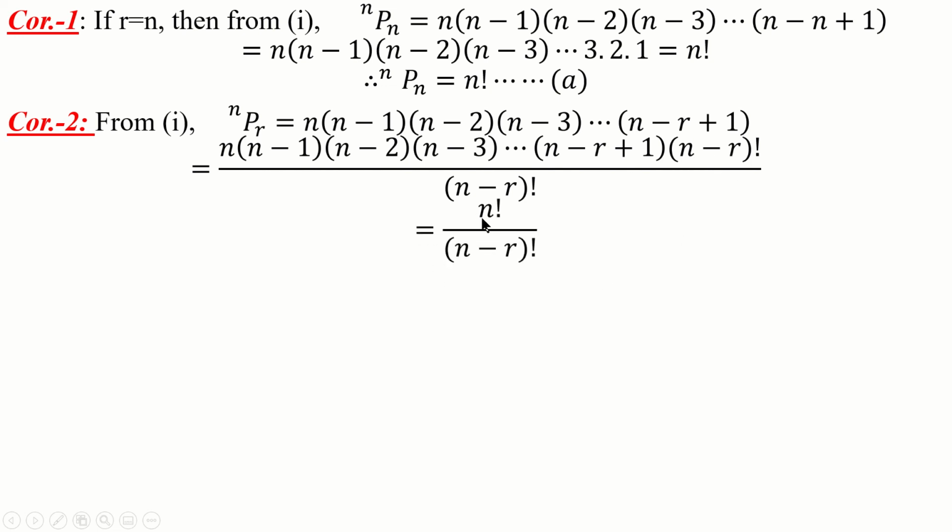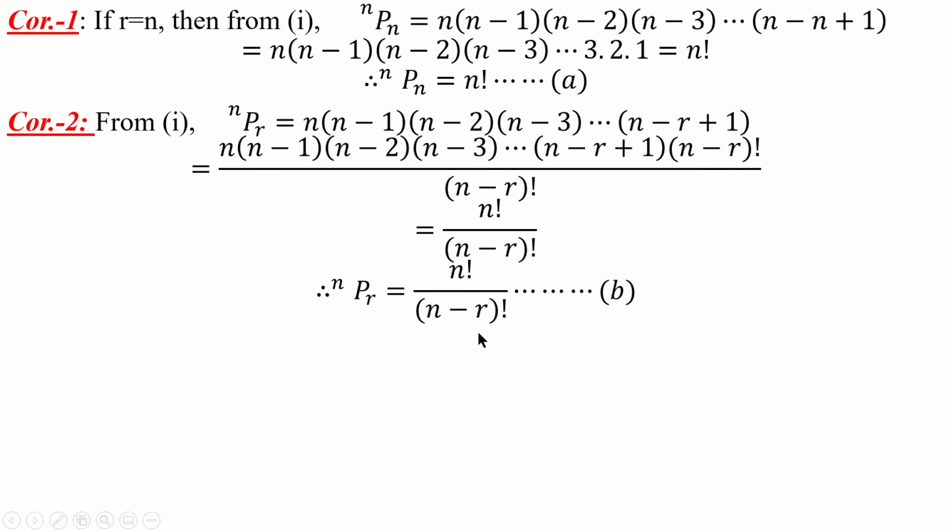So the numerator will be n factorial and the denominator will be n minus r factorial. Therefore nPr equals n factorial divided by n minus r factorial. Most important formula, you have to remember this.